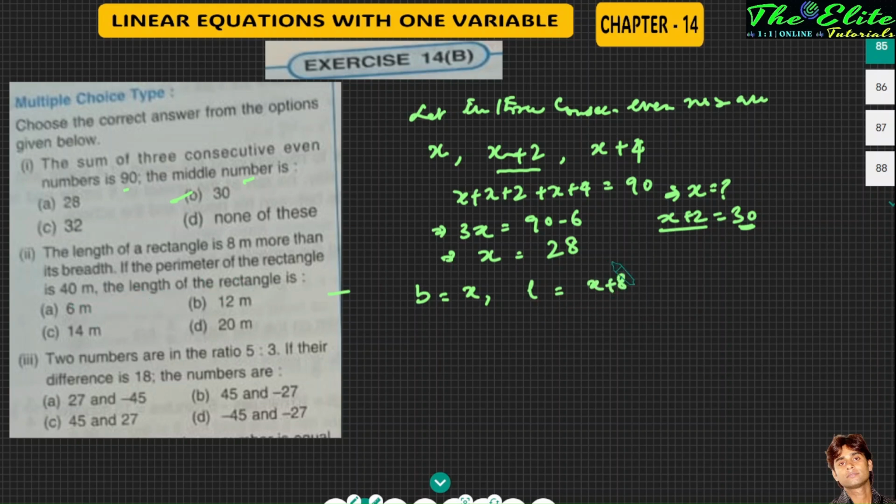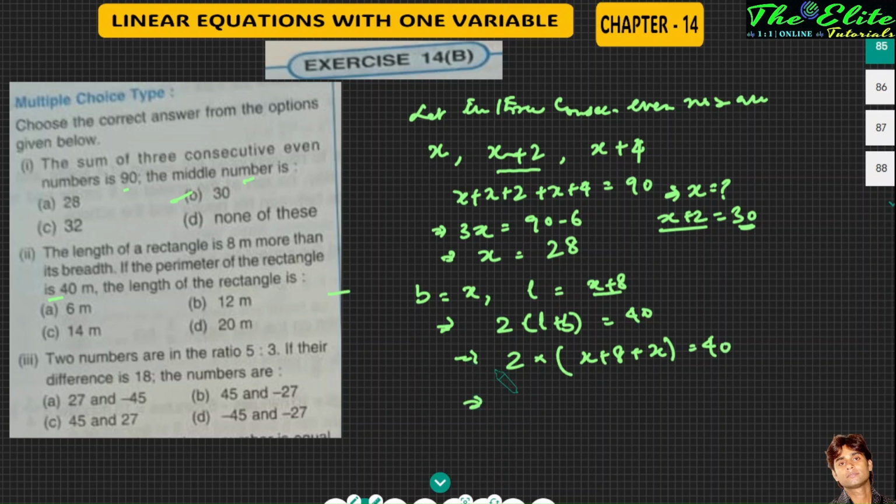You know the formula of the perimeter of a rectangle: 2 times length plus breadth equals 40. So write x plus 8 in place of L and x in place of B, equal to 40.